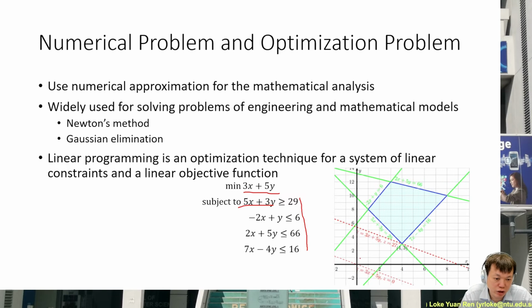Then they need to solve it to find the minimum. Normally the minimum will appear at one of the vertices of the convex region, either here or here or here. So they need to find a systematic way to solve this kind of linear programming problem. That is another typical problem we study in computer science.